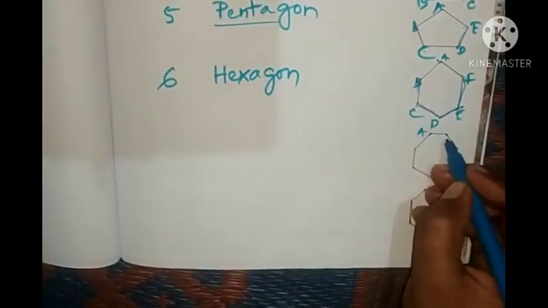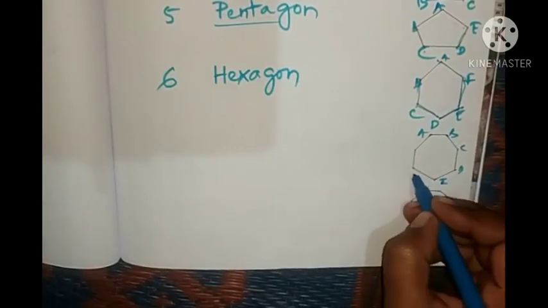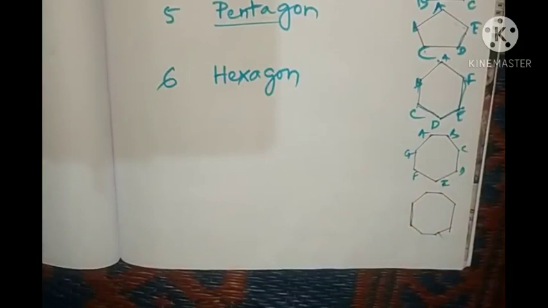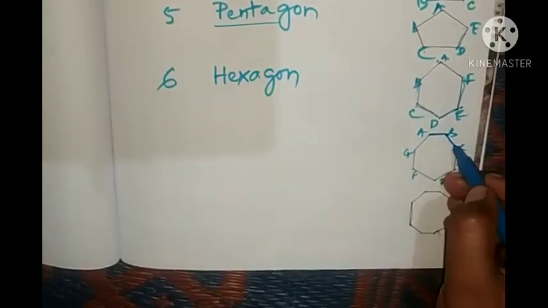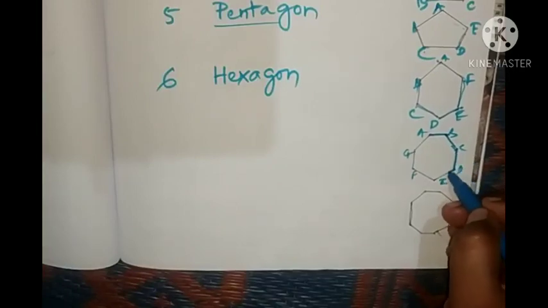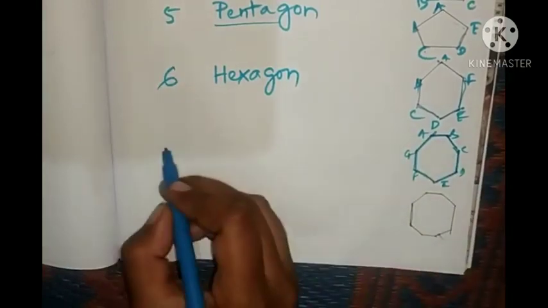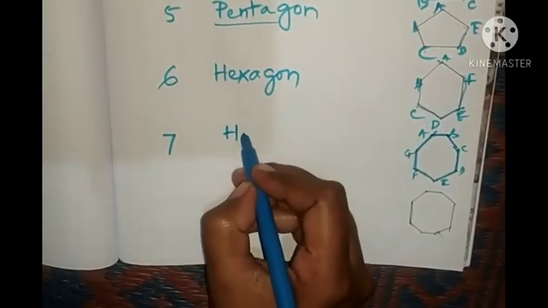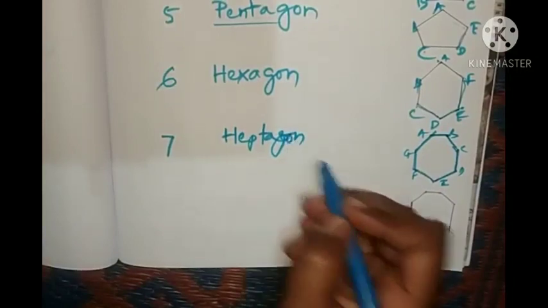Next we'll count A, B, C, D, E, F, G. 1, 2, 3, 4, 5, 6, 7. 7 sides, so that is known as hepta. 7 means hepta, we'll write heptagon.